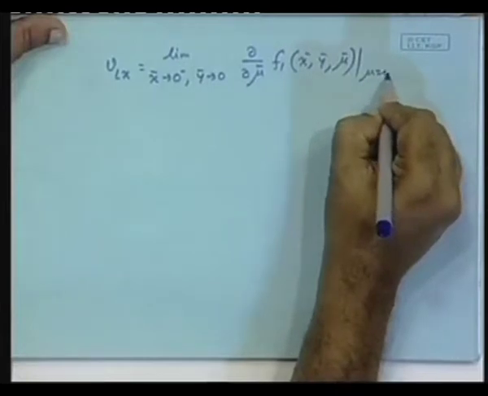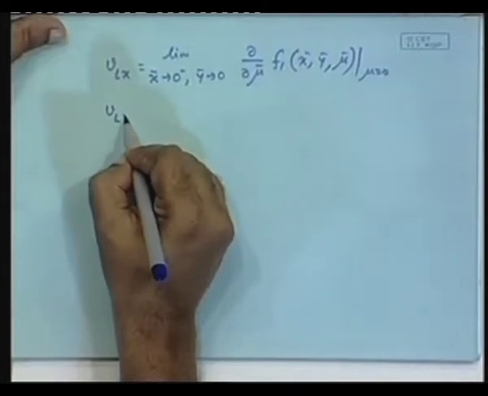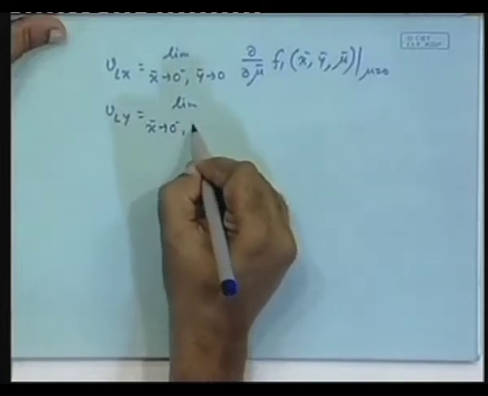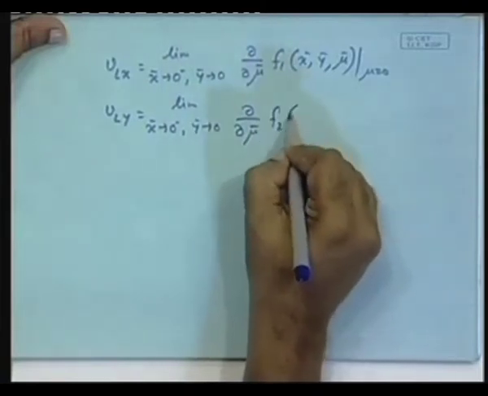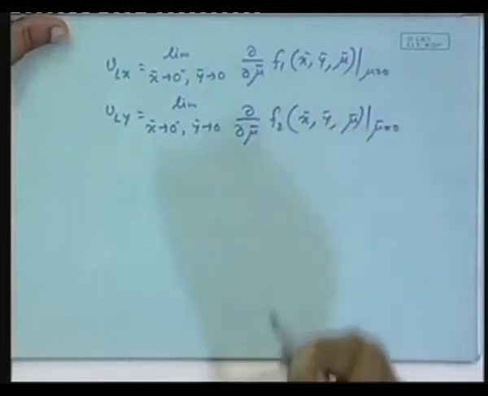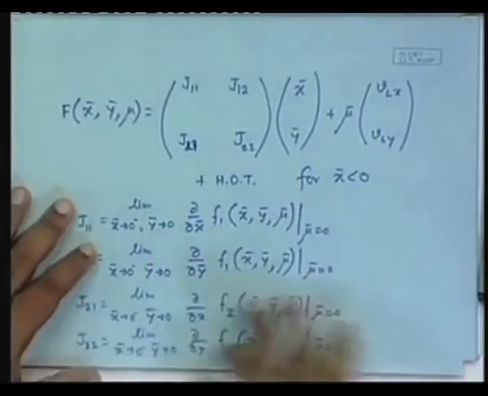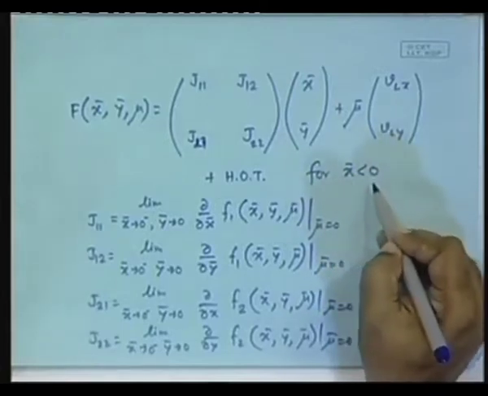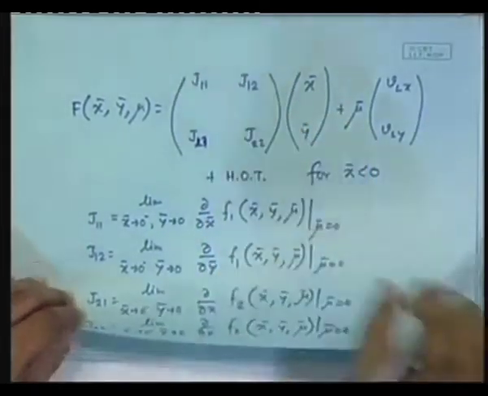Similarly, VL y is the limit x bar... Fine. So, we have defined all of these, and similarly on the right hand side, for x bar greater than 0, you will have similar quantities. So, let us first concentrate on the left hand side.